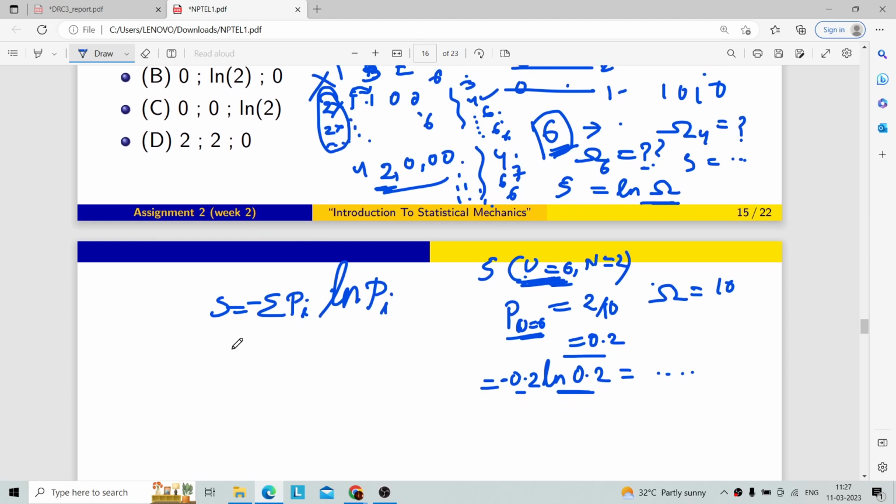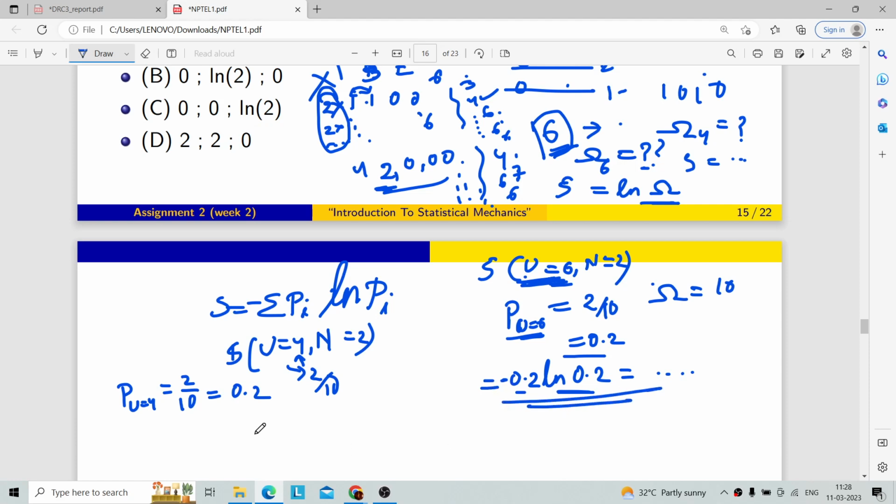Similarly, for U equal to 4, N equal to 2, we have 2 configurations out of 10 which are giving us total internal energy 4. So the probability of U equal to 4 is 2 by 10. So this is also 0.2. For this also entropy will be this much. For the last case, U equal to 7, N equal to 2, we have 1 out of 10.